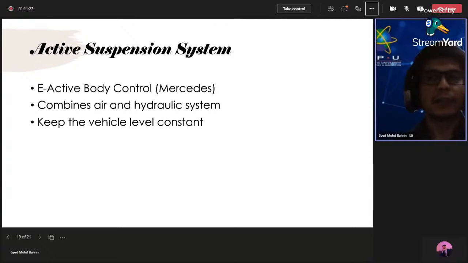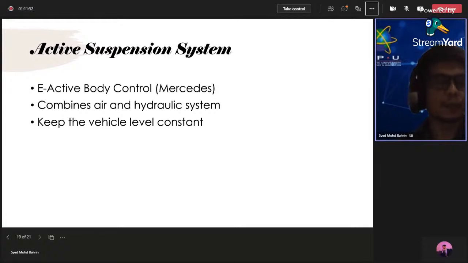Okay, so how does it work? Compared to the conventional suspension system, they remove the conventional shock absorber and change to both air and hydraulic servo mechanism, or pneumatic and hydraulic servo mechanism actuators, right? So the aim is basically to keep the vehicle level constant.